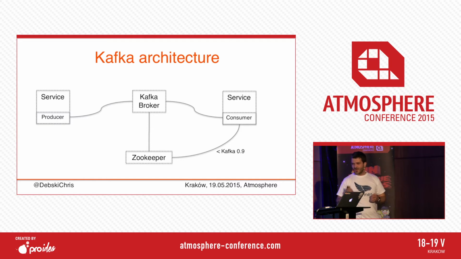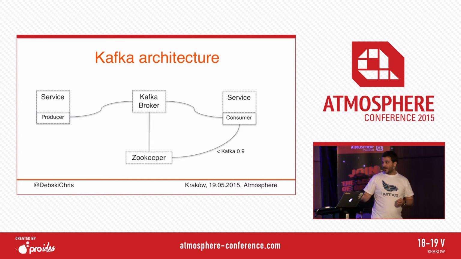It is also a really important part that all the configuration of Kafka is stored in Zookeeper. Currently, in version 0.8, we are using 0.8.1. The newest one is 0.8.2. Zookeeper is the source of truth for all the components of Kafka.